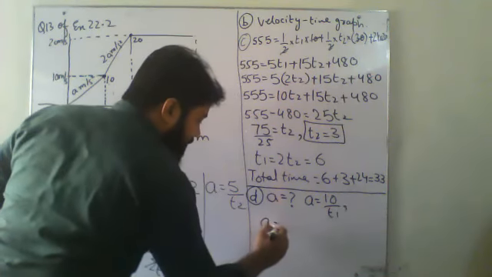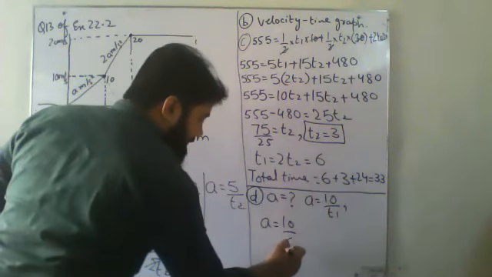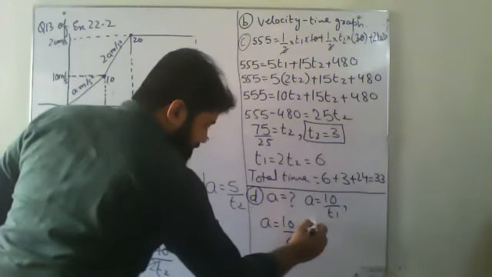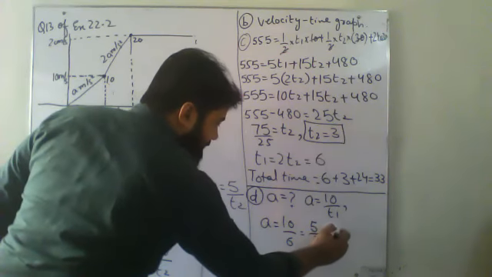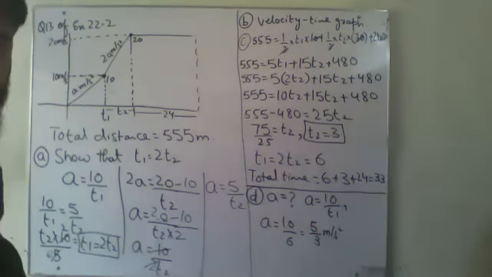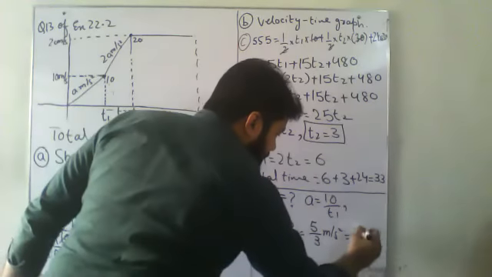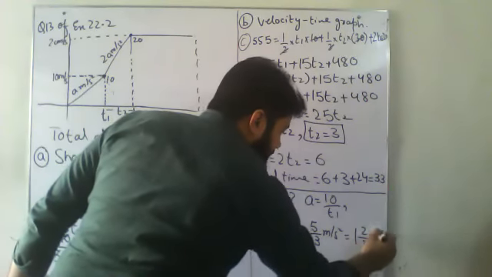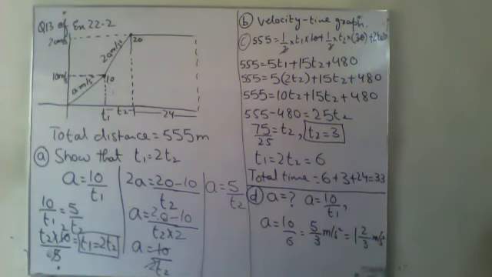What is the value of T1 coming? That is coming 6. So 5 over 3 meter per second squared. That will be your final answer. You can write this as one whole number 2 over 3 meter per second square for simplification, right?